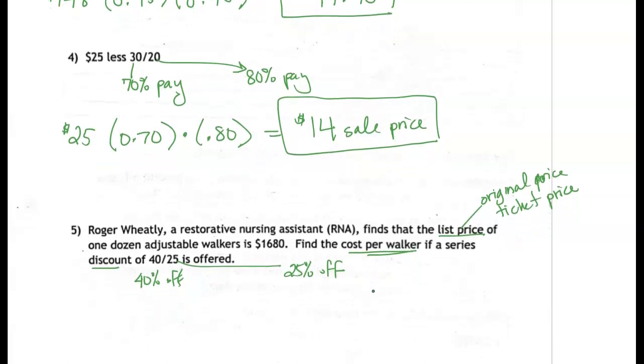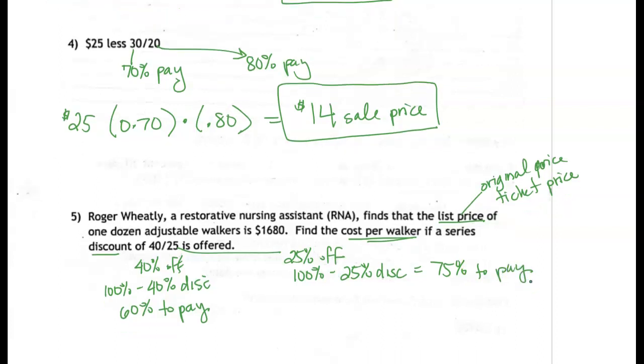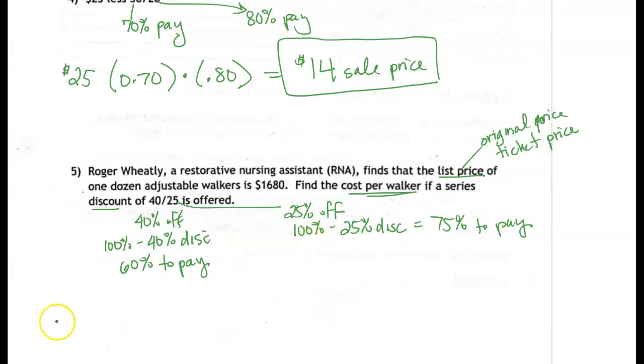Our first step is to find the percent to pay. So if this is our 40% discount, 100% minus the 40% discount is 60% to pay. 25% off is then going to say that we would pay 75% of the previous amount. Now we're going to put it all together.